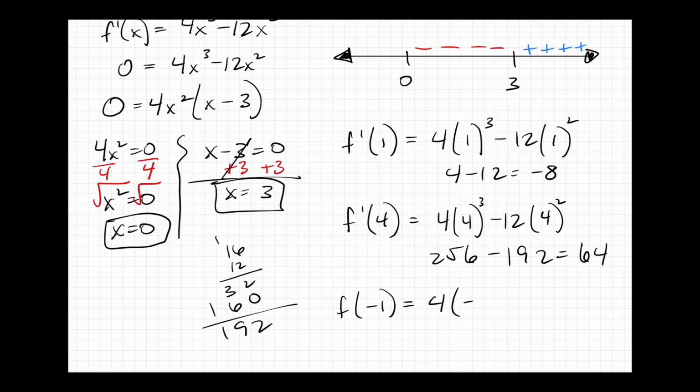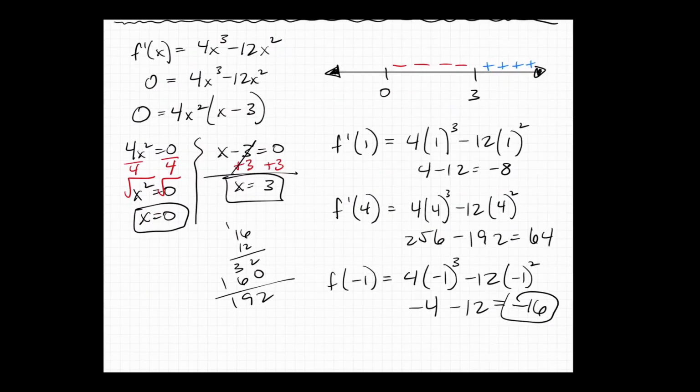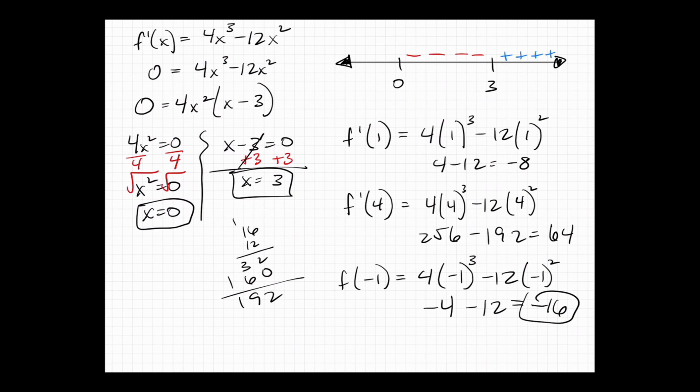So 4 times -1 cubed minus 12 times -1 squared. So -1 cubed is -1, times 4 is -4, minus 12 is -16. -16 is negative.